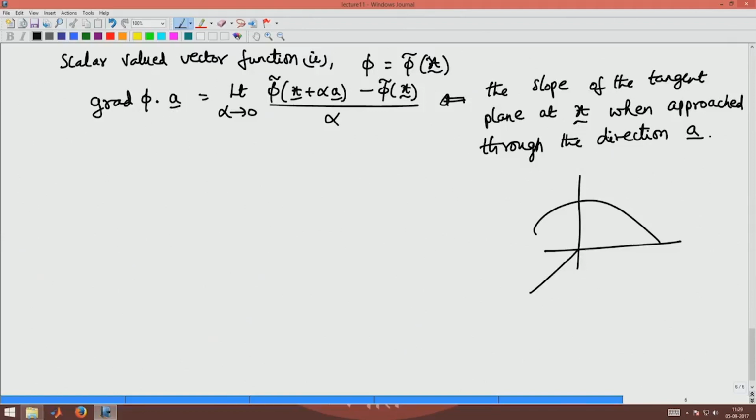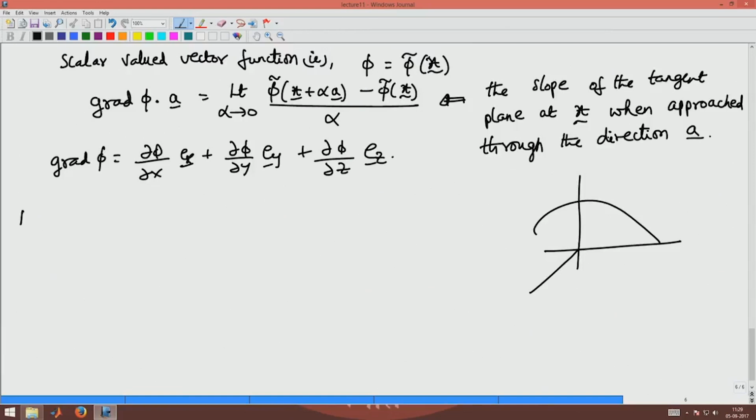Okay. Now, let us see how this formula leads to the definition of grad phi as dou phi by dou x Ex plus dou phi by dou y Ey plus dou phi by dou z Ez. For that, let A be Ex.